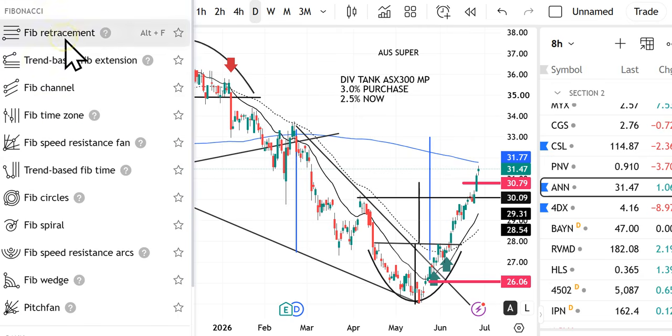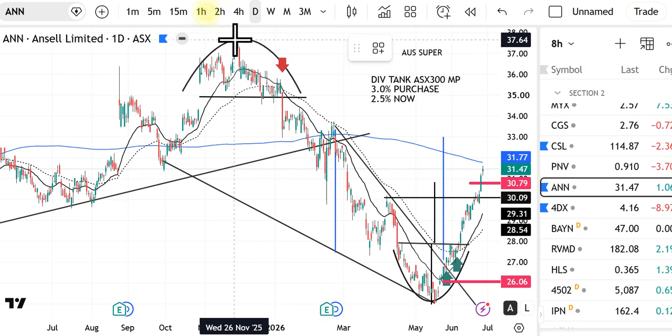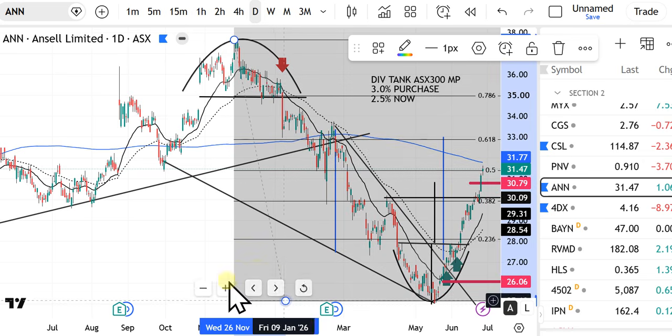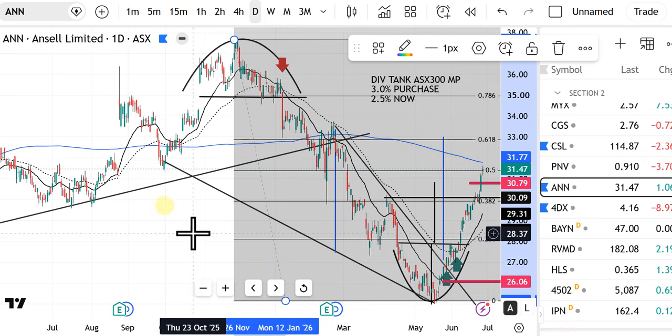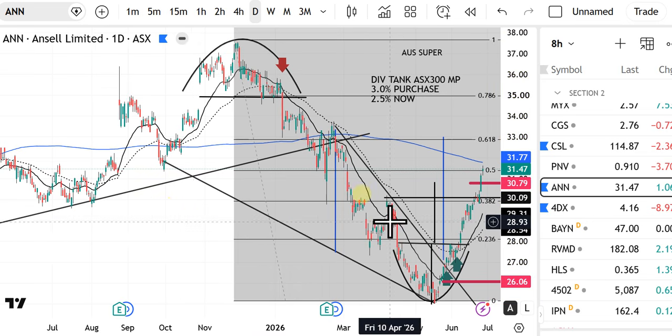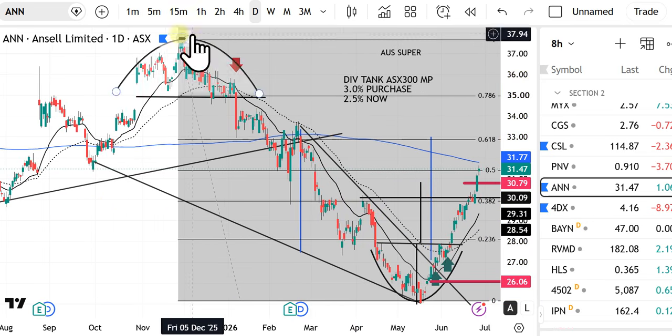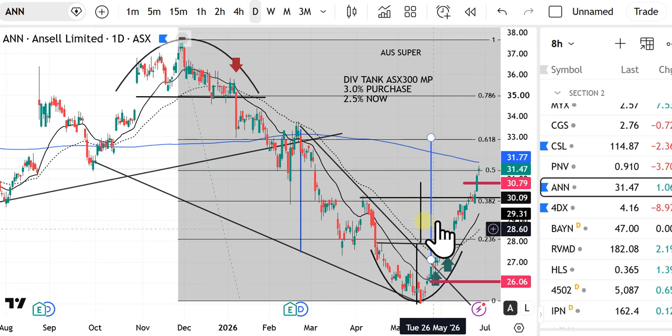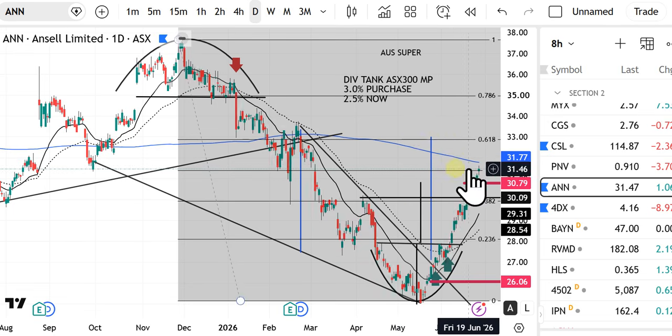And if we use the Fibonacci retracement, so from this low to this high, so 50 to 60, so again this 50% a common place for a correction.